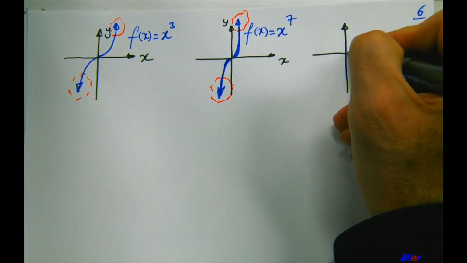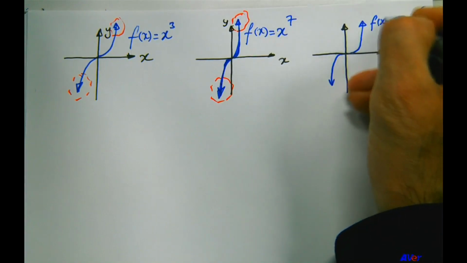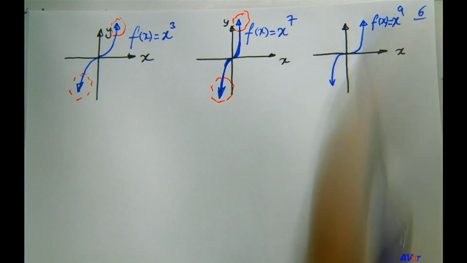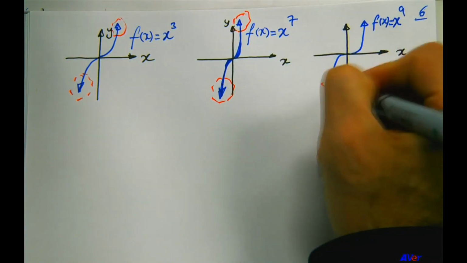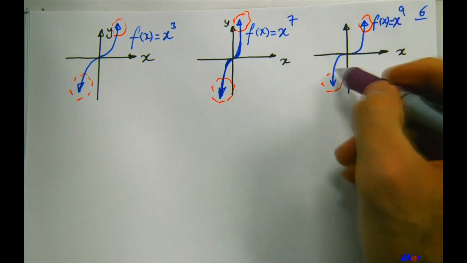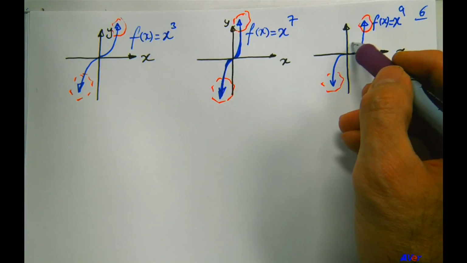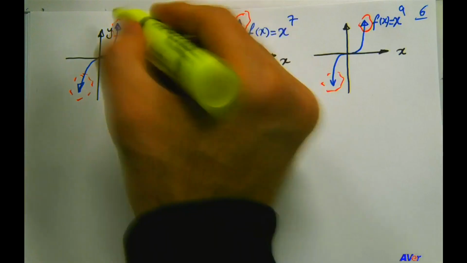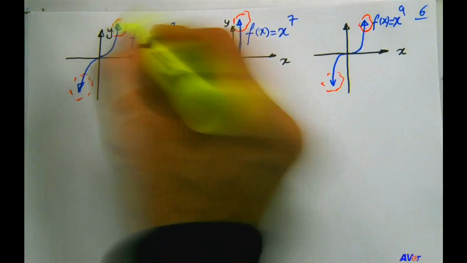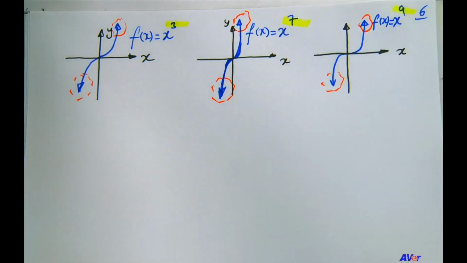So we're going to have something like this. So let's say f of x equals x to the 9th power. Notice the end behavior stayed the same. One side points down, the other side points up, right? And this is the kind of pattern we would expect whenever you have an odd power: 3, 7, and 9.